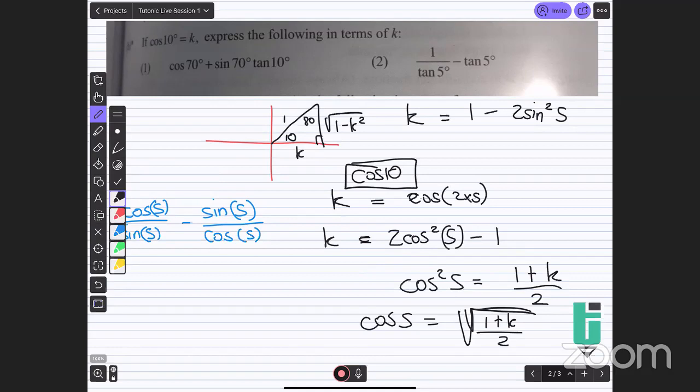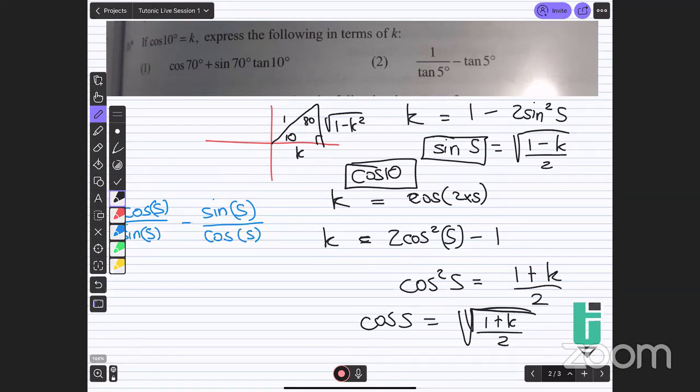And then it becomes sine squared 5 equals 1 minus k, we'll take it over onto that side, over 2. And therefore sine 5 equals root 1 minus k over 2. Do you guys see that? Must I repeat it again?